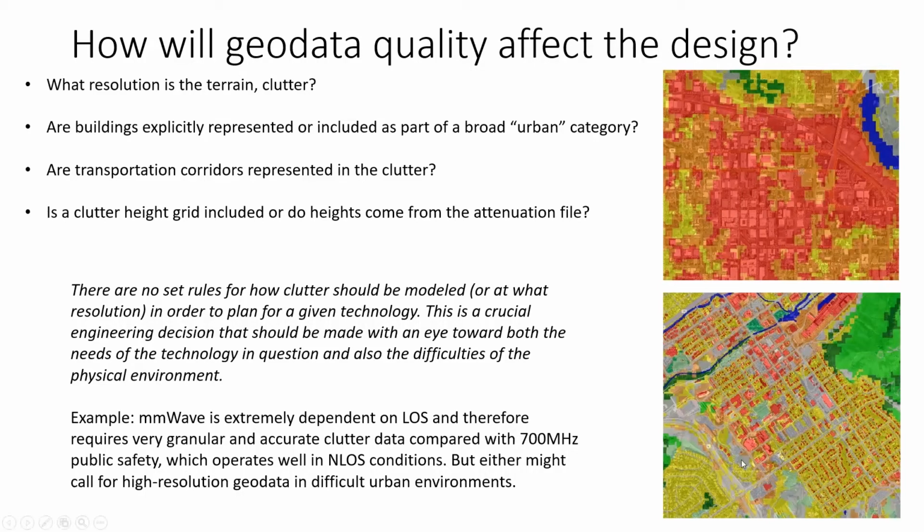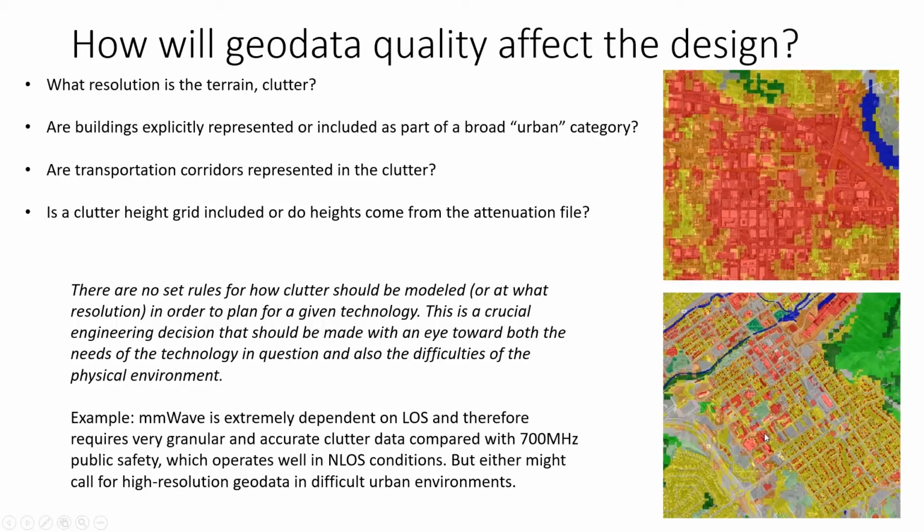But in the lower picture down here, what we're seeing is the EDX Cirrus geodata. So this is our 1 and 30 meter hybrid data that does show all of my street corridors. Those are all carved out as open. And you can see parking lots in here represented as open. And I've got actual building footprints.